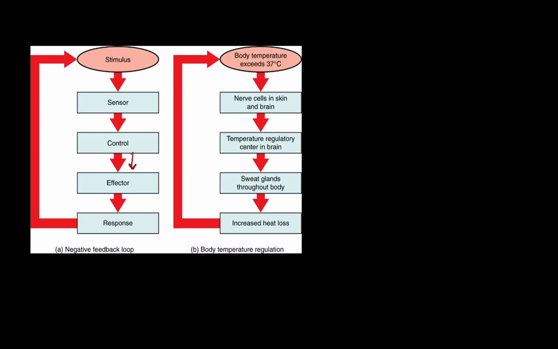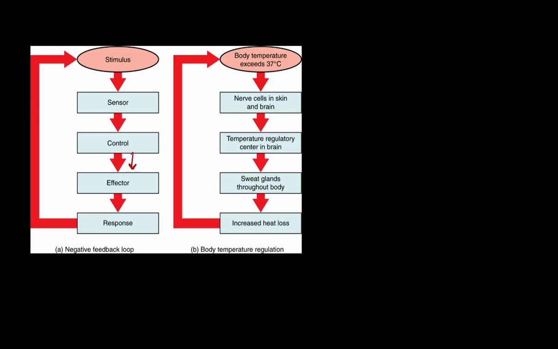Going to the effector. And the effector, when you think of an effector in the context of negative feedback loops, think of the effector as the thing that is going to bring about the change, right? So think whatever that initial stimulus was, the effector is going to bring about a change that does the exact opposite, right?